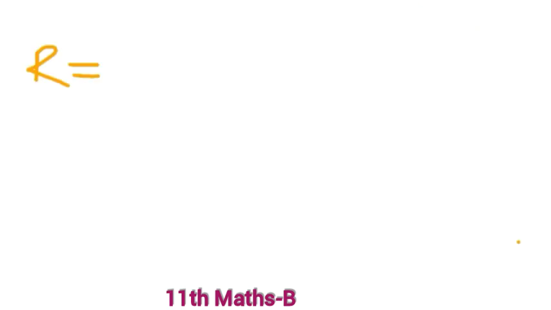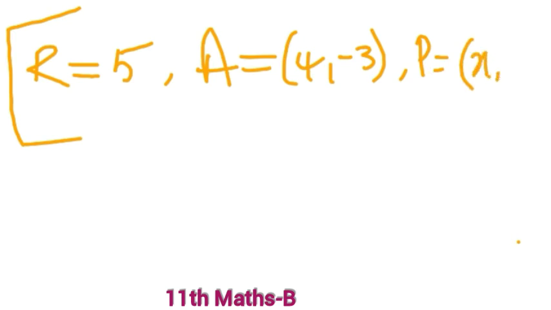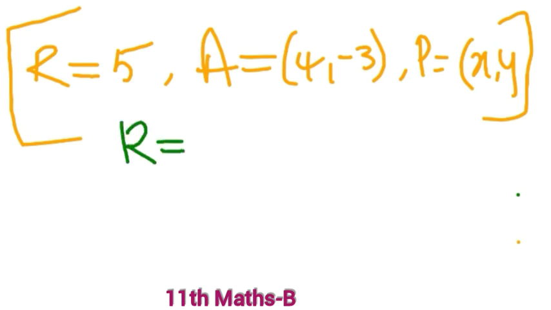So we got all the points here. Let me write here. R is equal to 5, A is equal to 4 comma minus 3, and P is equal to x comma y, right? Now the equation that we got is R equals AP.